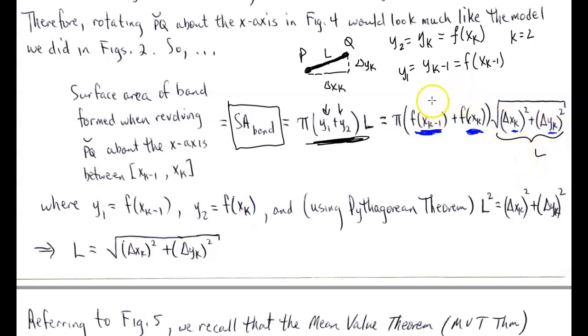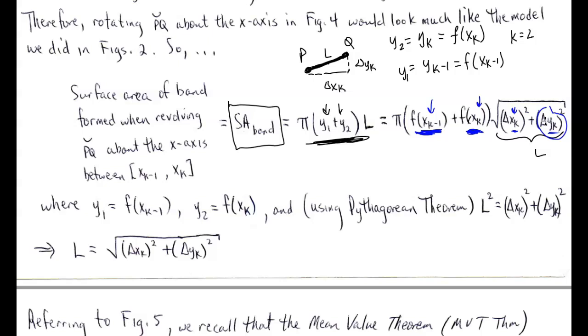Now, since this has x sub k in it, we would desire to have this delta y sub k expressed in terms of x sub k if we can.